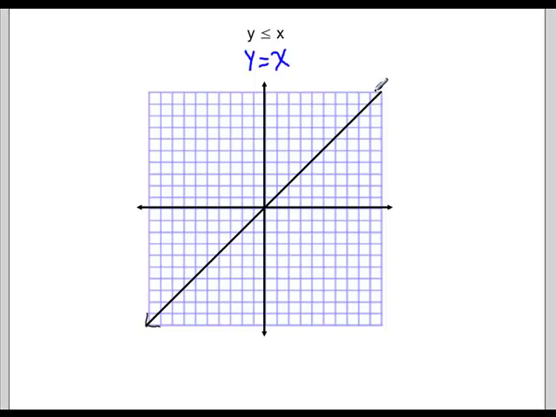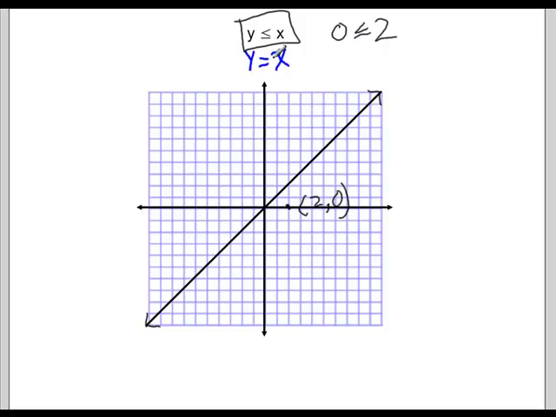And then we have to think about what side needs to be shaded. Basically, we split this graph into two areas with this line. One region will satisfy the inequality and one won't. Well, just take a really easy point. Let's consider (2, 0). If I plug that in, I'm going to get 0 is less than or equal to 2.